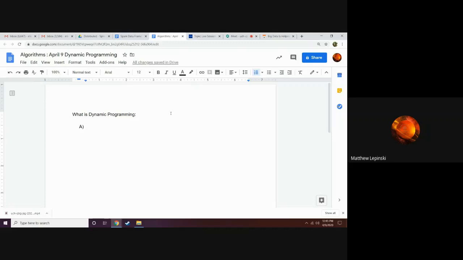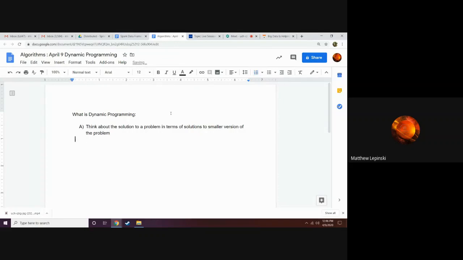This also gets at a question from last time, which is, what are examples of problems where greedy algorithms don't work? So the idea in dynamic programming is to think about the solution to a problem in terms of solutions to smaller versions of the problem.